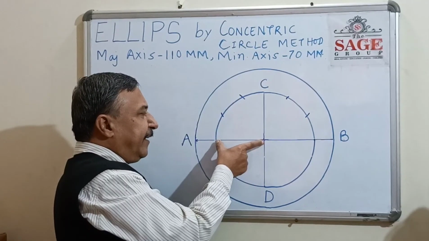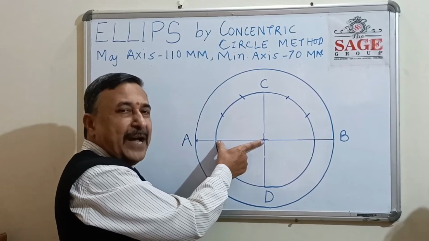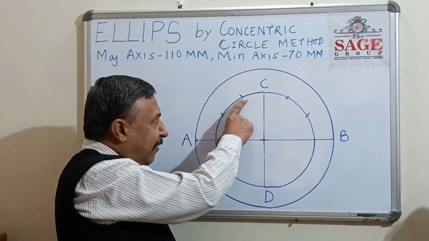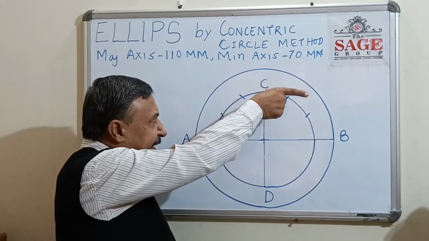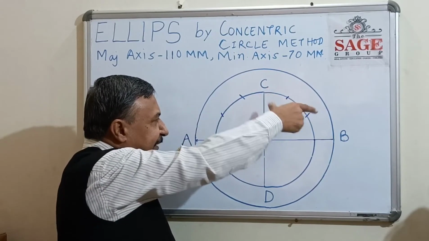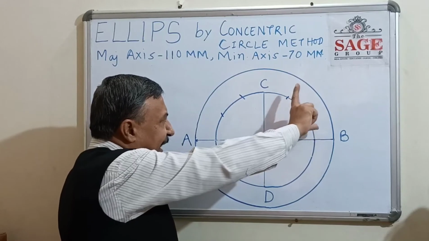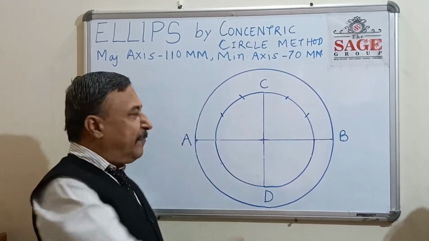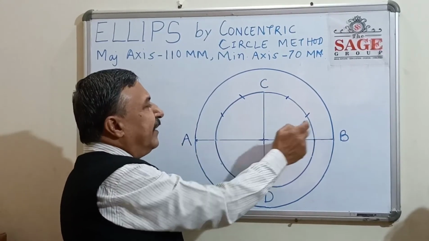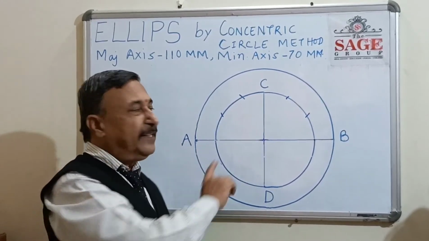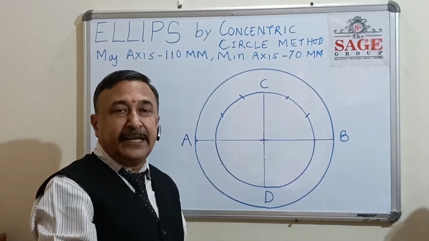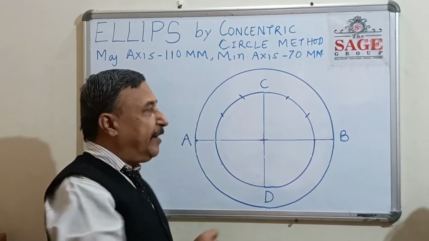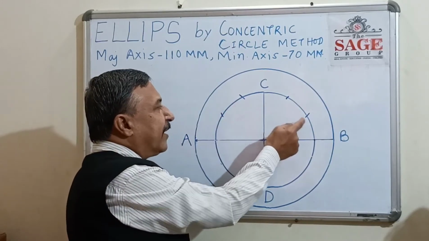We take the radius of the minor circle and draw one arc. Now take this center, another arc; take this center, another arc. So in this way, by taking these centers and the same radius, that is the smaller circle radius, 35 mm, we draw these marks.